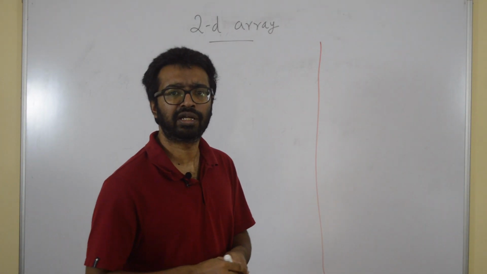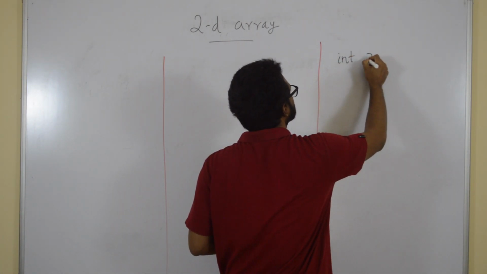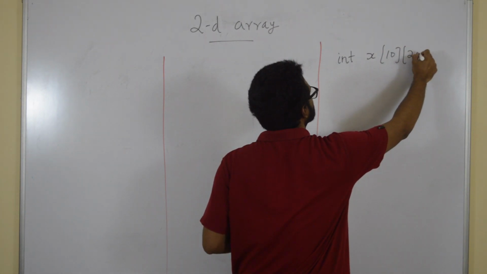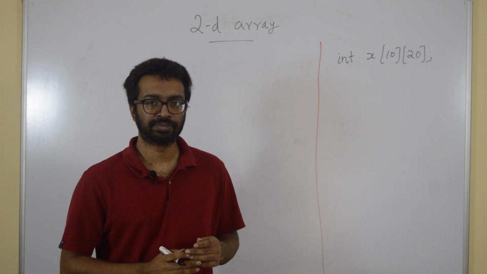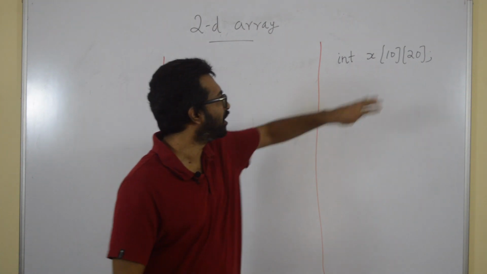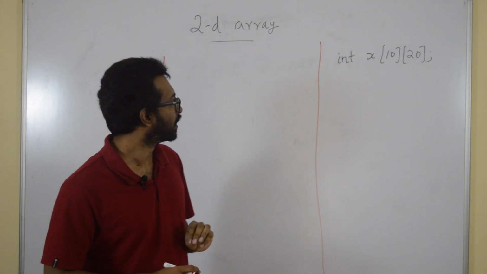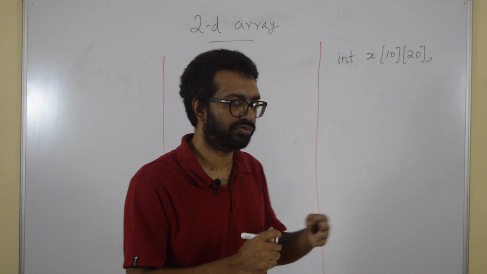So I'm going to declare a two-dimensional array of integers, x[10][20]. So what happens? How much size is allocated for this? This requires 10 into 20 number of integers, right?